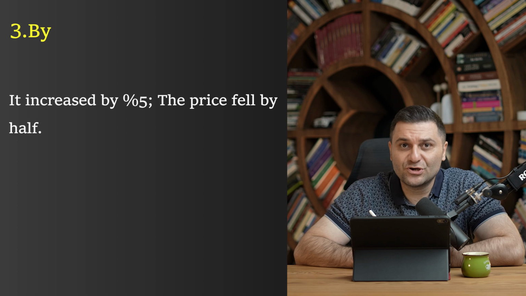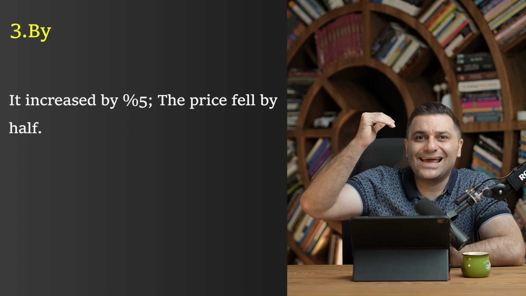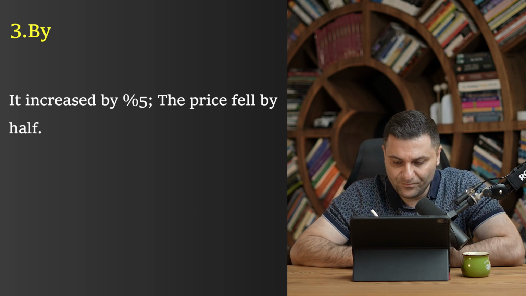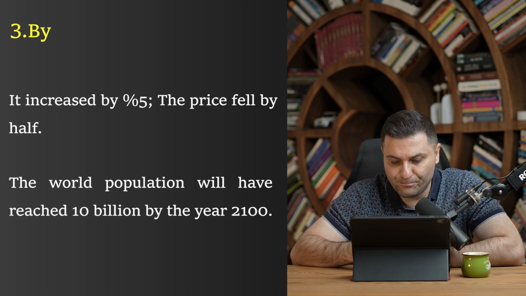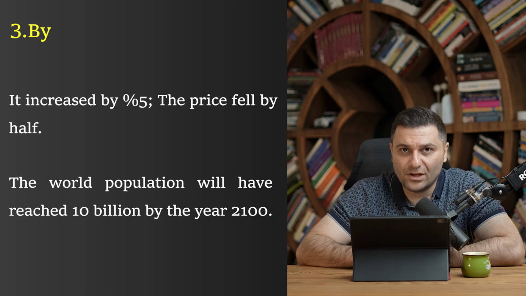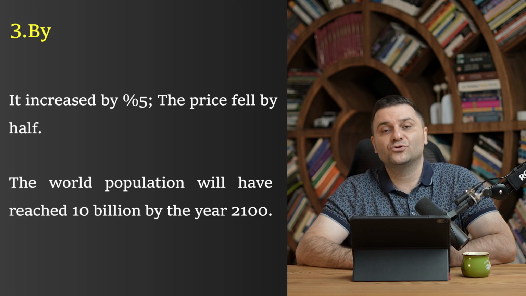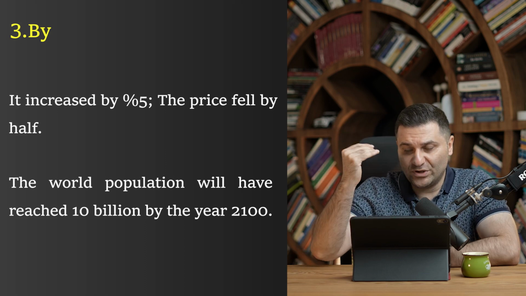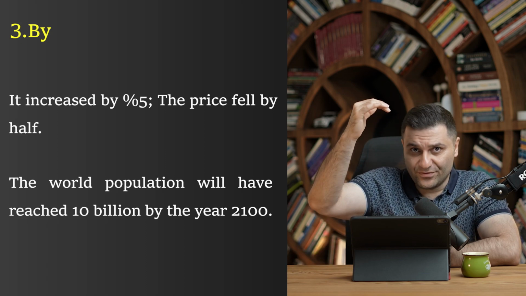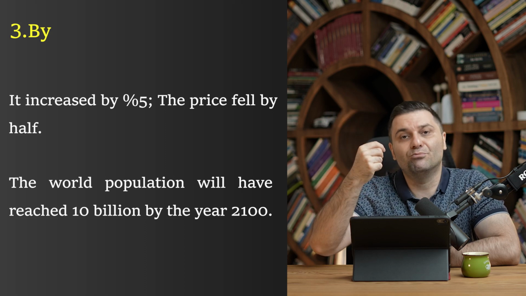The second is when we want to talk about reaching a date, for example, the world population will have reached 10 billion by the year 2100. So when we want to talk about the future and say that it reaches this date, we use by.